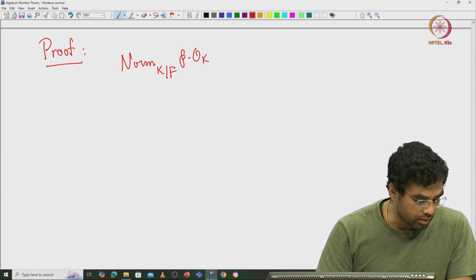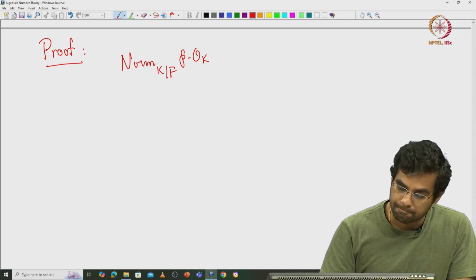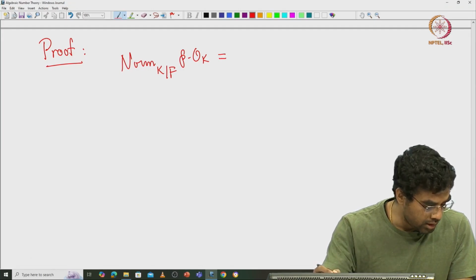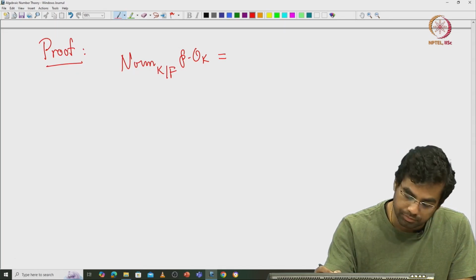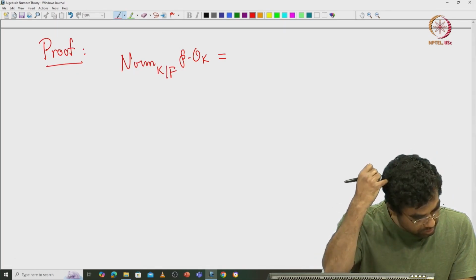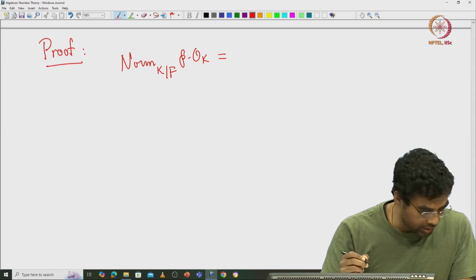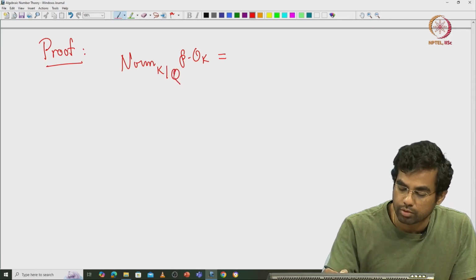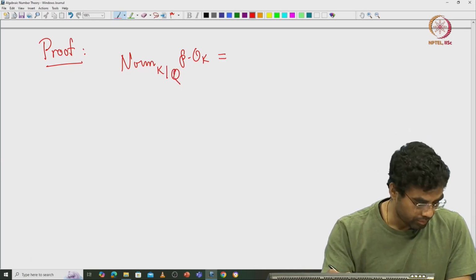You can calculate it in two different ways. I will compute the norm from K all the way down to Q of this ideal.